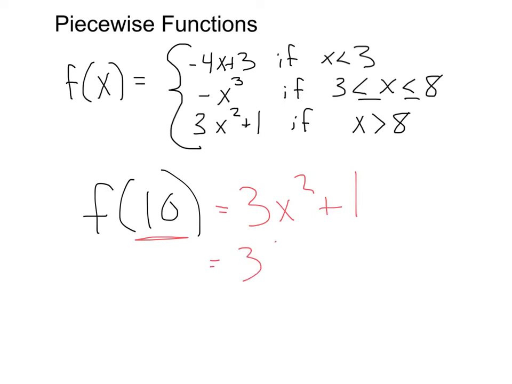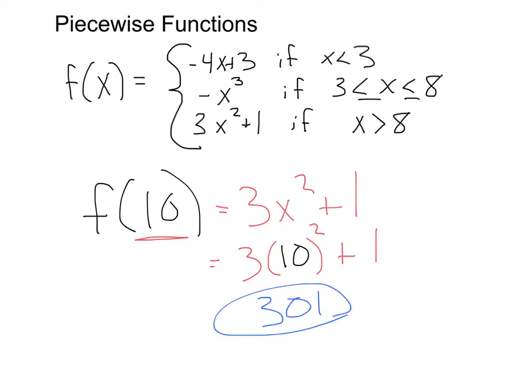That gives me 3 times 10 squared, plus 1, and my answer is just going to be 10 squared is 100, times 3 is 300, 301. So these piecewise functions aren't any more difficult than the others. All you have to do is see which piece of the function they're wanting you to refer to based on these given conditions on the right.